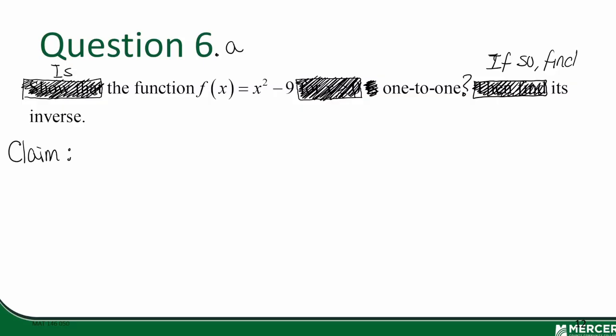So our claim, what do we think? X squared minus 9, is that 1-to-1? No. So we'd claim that it's not 1-to-1, because it's a parabola.